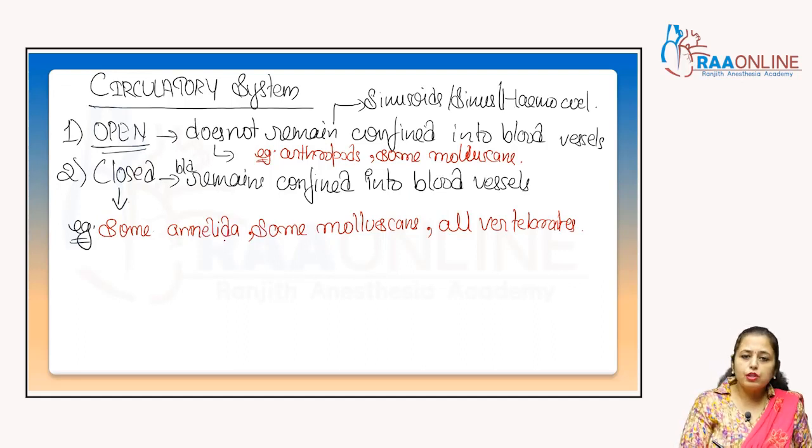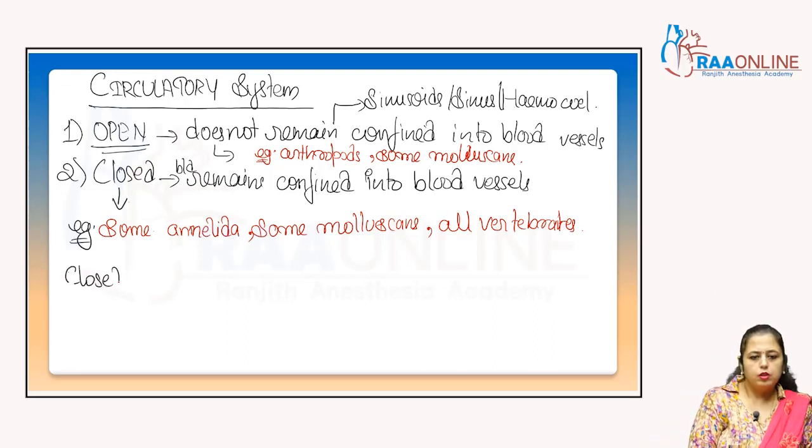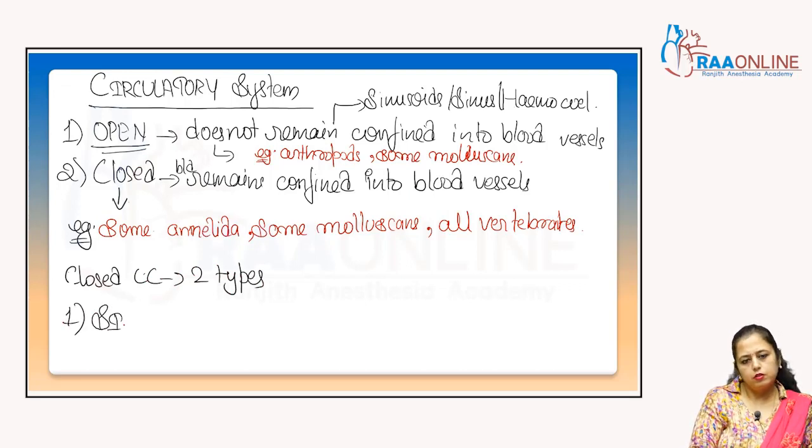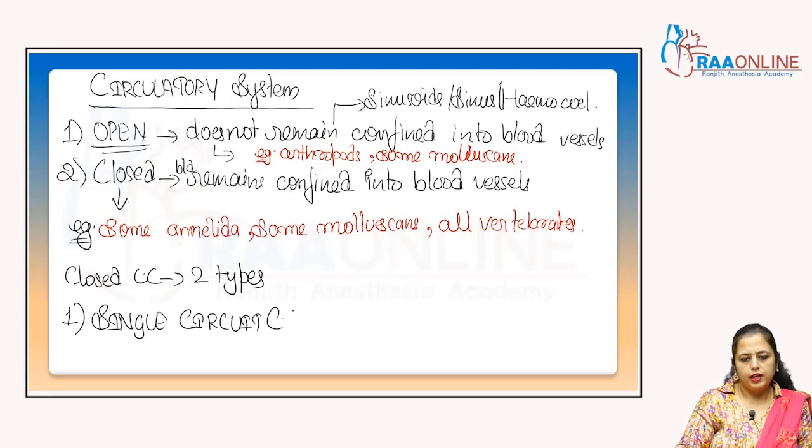Actually, the closed circulatory system is divided into two parts. First one is the single circuit circulation, second one is the double circuit circulation, right? First, single circuit circulation, right?